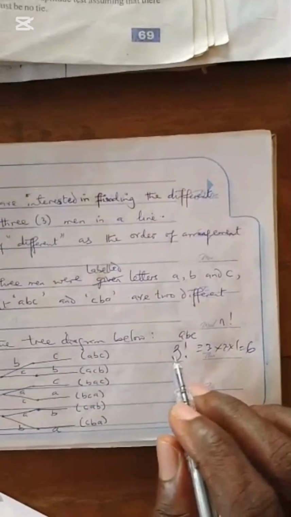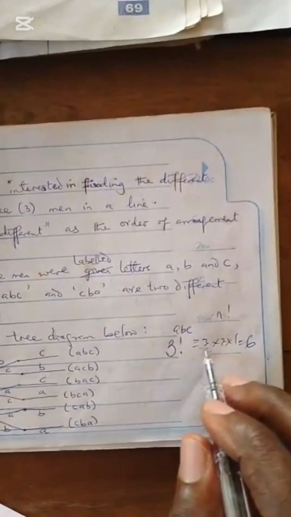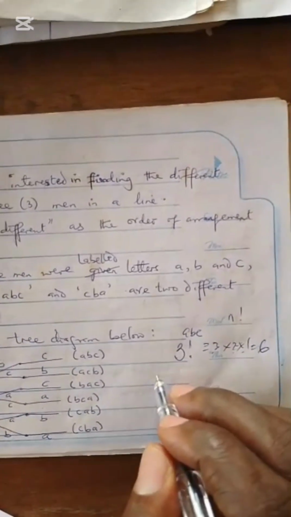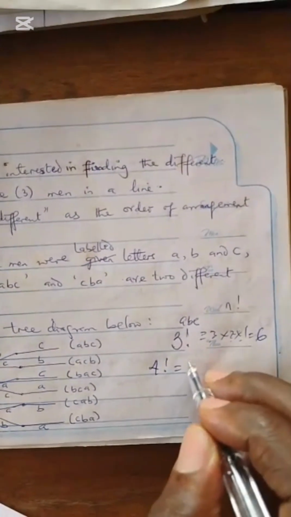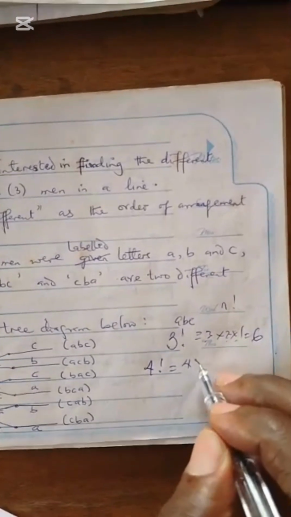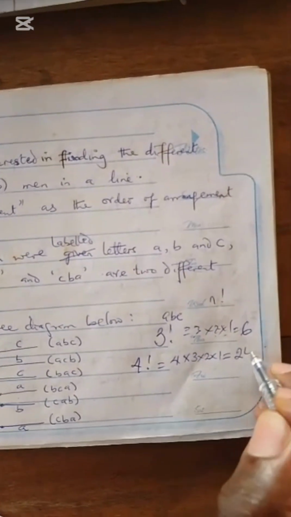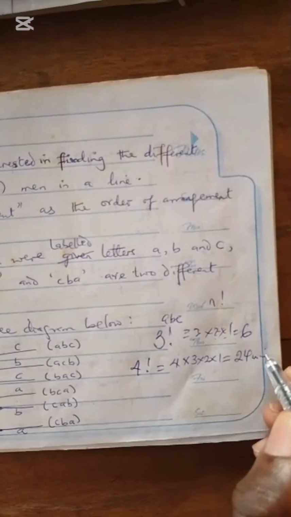So if it's 3 items, it can be arranged 3 factorial ways. That's 3 times 2 times 1, and that's 6. If it's 4 items, it will become 4 factorial ways. So that's 4 times 3 times 2 times 1, and that's going to give us 24 arrangements or 24 ways.